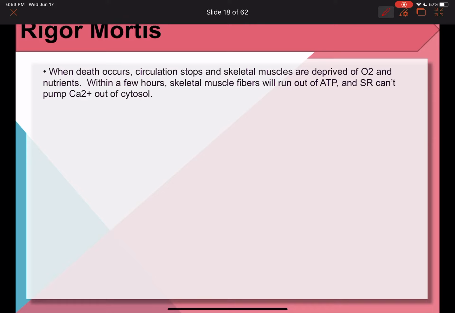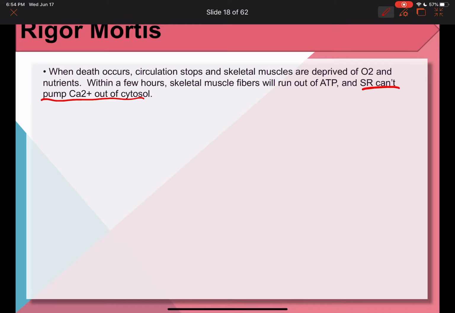Okay, and without ATP, sarcoplasmic reticulum cannot pump calcium out of the cytosol. Okay, so that's two important functions of ATP in this whole muscle contraction relaxation cycle. ATP is critical for the cross bridge to be released, where the myosin head going back to its original position is where ATP is needed.